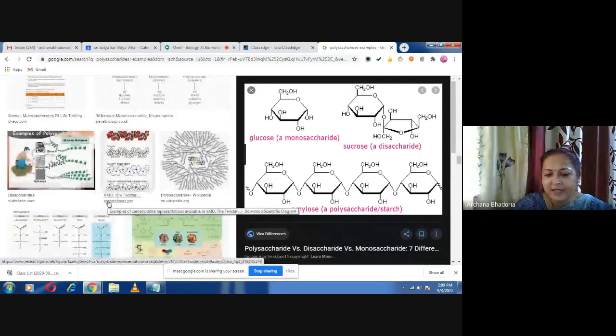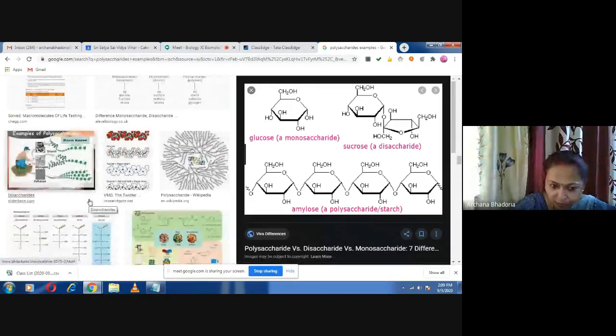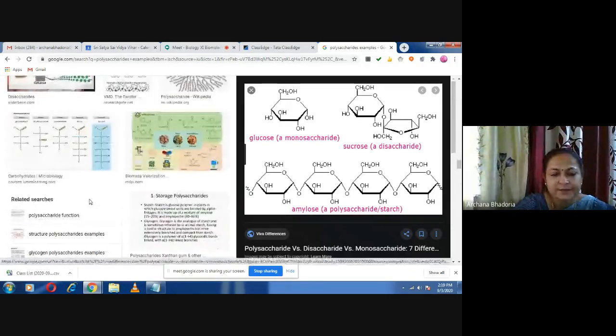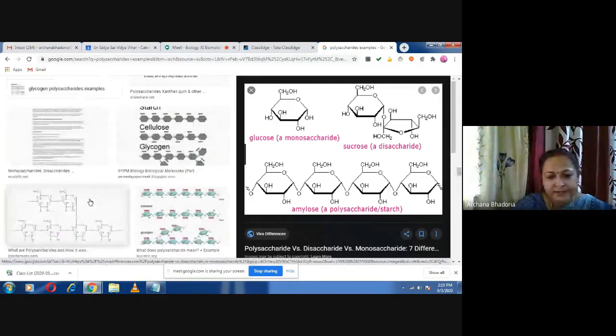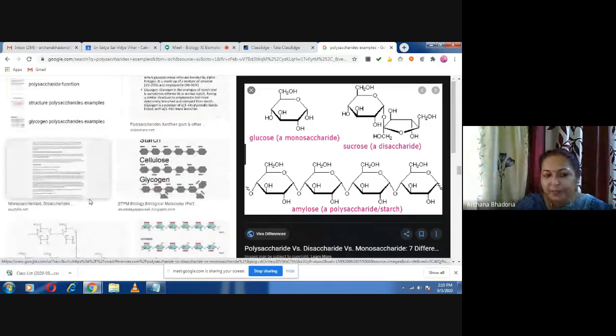The examples of polysaccharides are starch, then cellulose, then glycogen. These are the examples of the polysaccharides: starch, cellulose, glycogen.